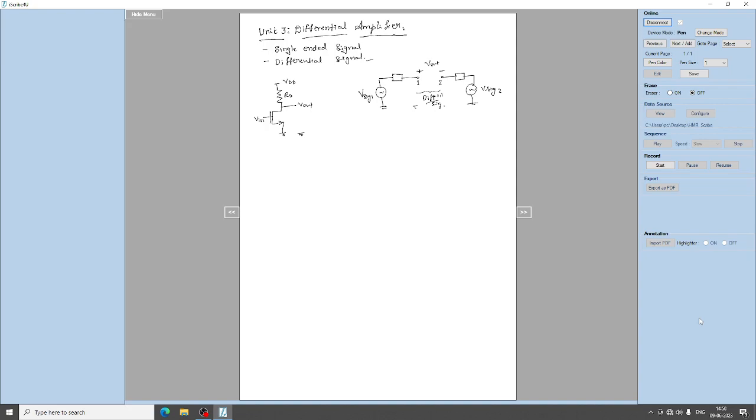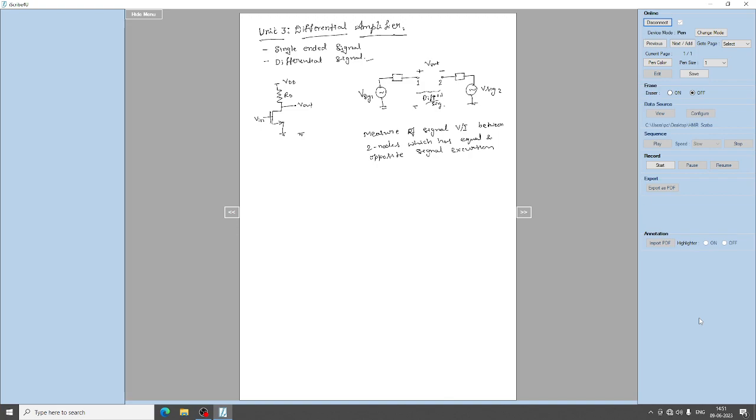We define the differential signal as measure of signal in terms of voltage or current between two nodes which has equal and opposite signal excursion. So this is the definition for differential signal, right?